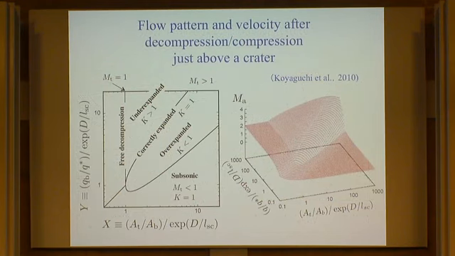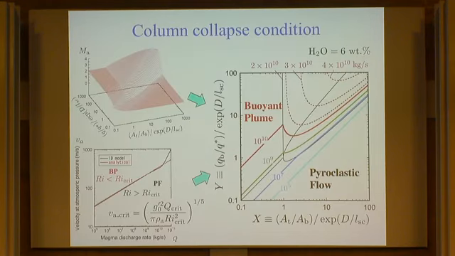So now, combining this relationship and this simplified relationship between magma discharge rate and velocity at atmospheric pressure, we can get the boundary between buoyant plume and pyroclastic flow in this parameter space of a normalized cross-sectional area ratio and normalized mass flow rate.